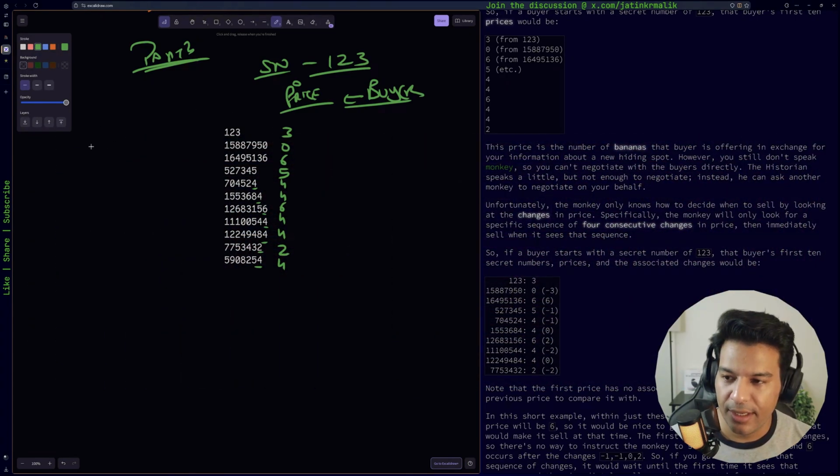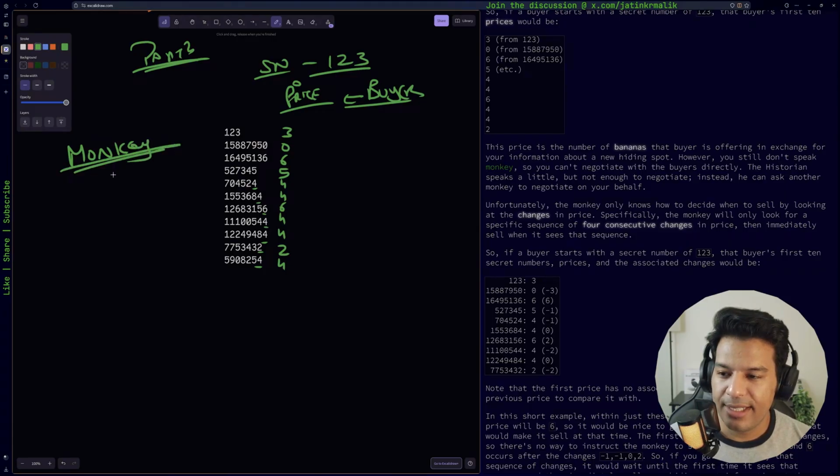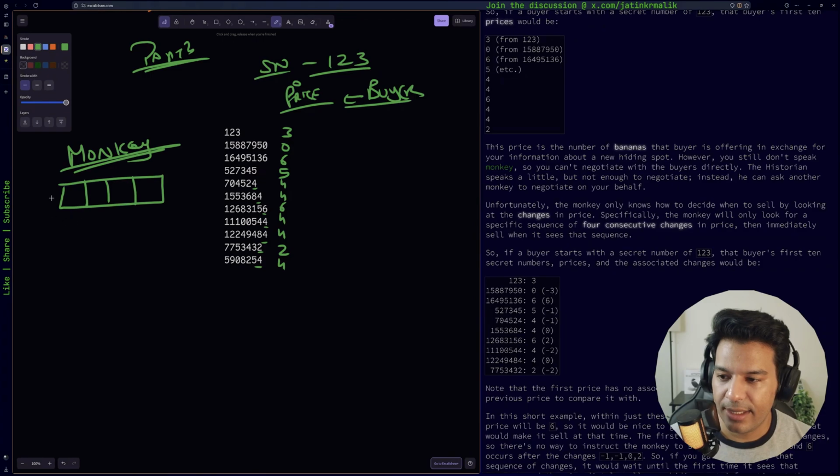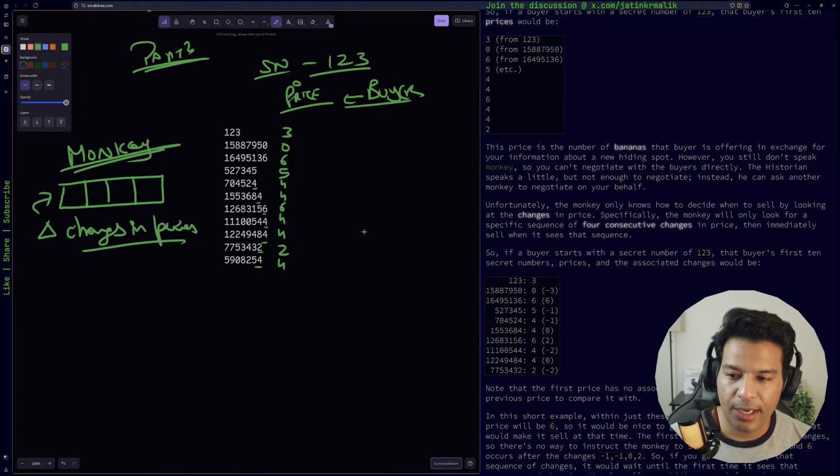So very interesting. To negotiate, we can get one monkey, but it seems like the monkey has a memory of seeing only 4 consecutive price changes. So it can only look at the delta of changes in prices. And let's see how that is being calculated.